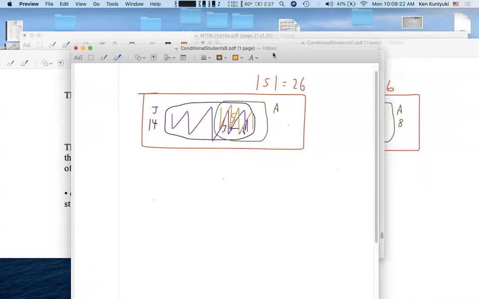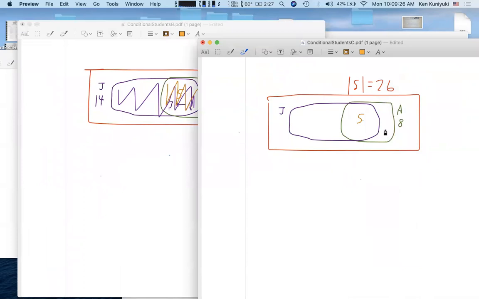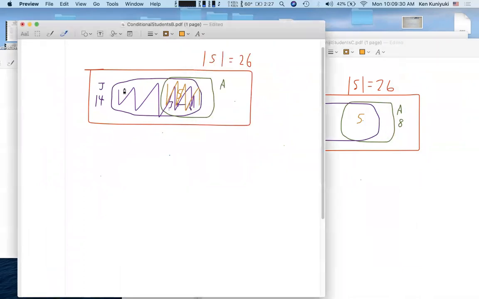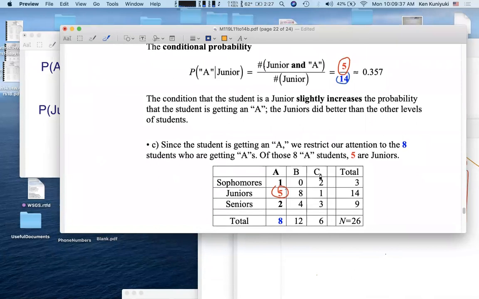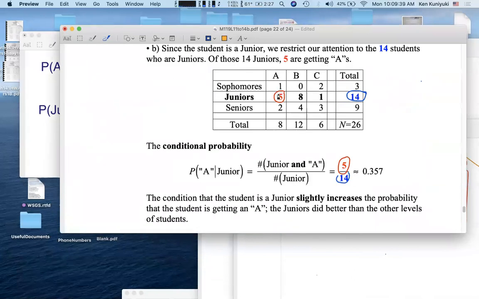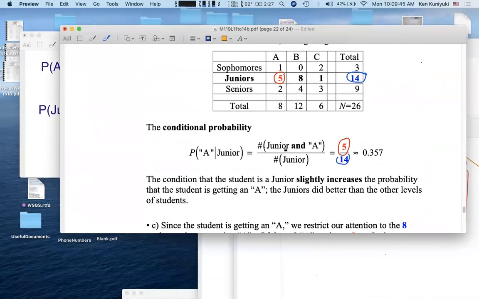So if you wanted to be a junior getting an A, the key thing is, are you getting an A? And then it's a lot more likely that you're a junior. Whereas if you're just a junior, it's not that likely you're getting an A. And you can also get that from the tables. Again, we use the 5 here on the tops for both formulas, the number of students in the intersection event, the overlap, but we have different denominators.